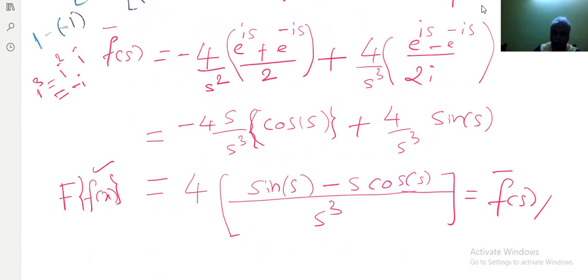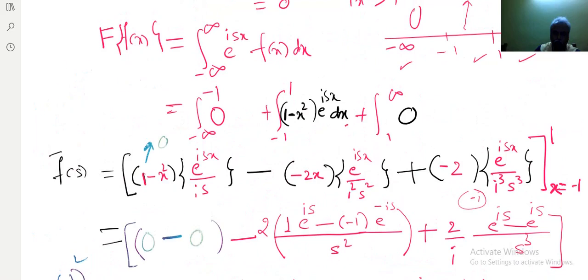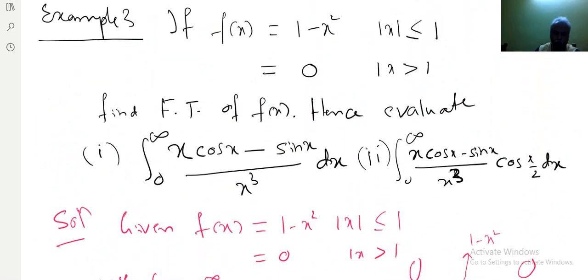So now whatever is asked, the deduction part is asked. Can you see this deduction part? Now whatever s function has come, it has come like this, sin s minus s cos s by s cube. So we are almost nearer to the deduction part. Now we have found the Fourier transform of this as sin s minus s cos s by s cube.